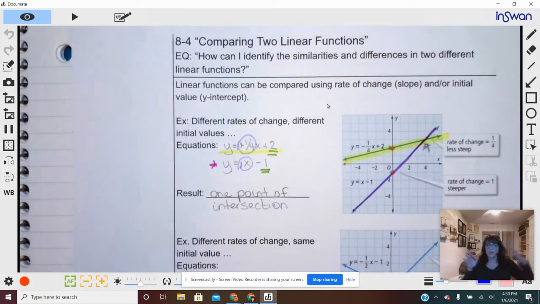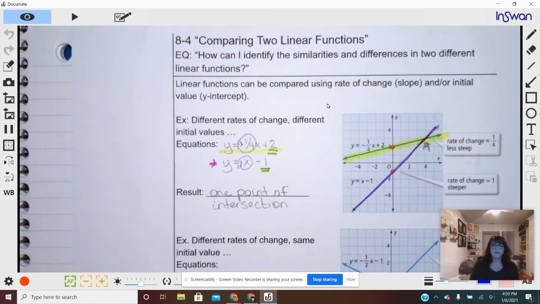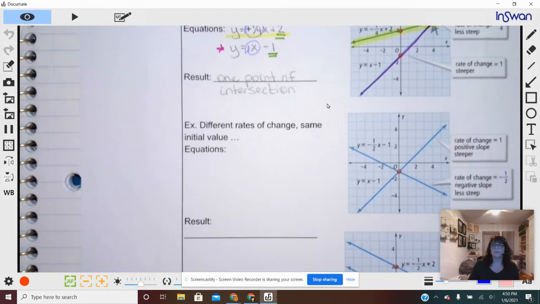They are going to run into each other at one point. Okay. Now let's look at this next option.